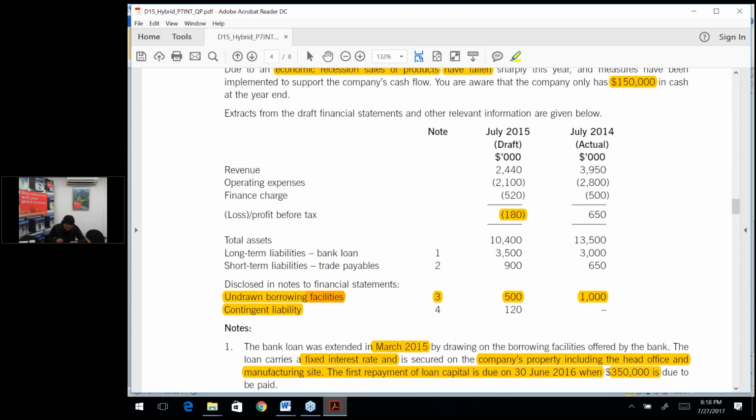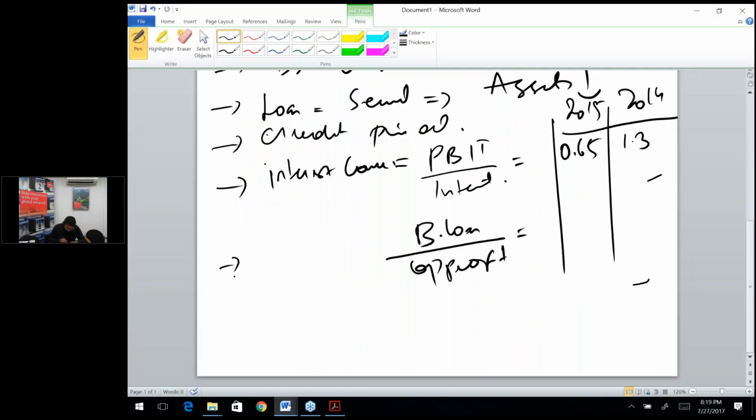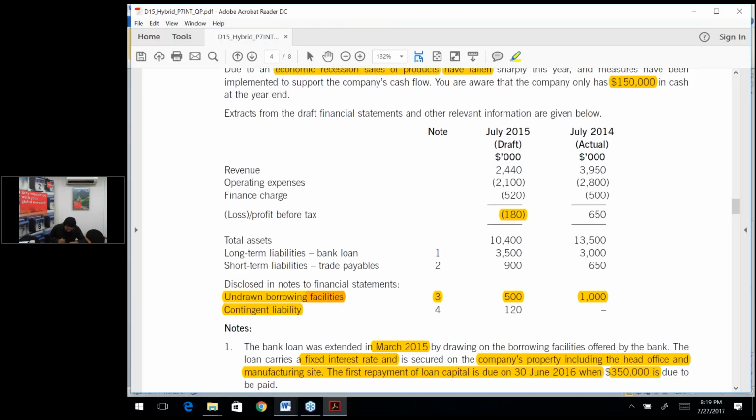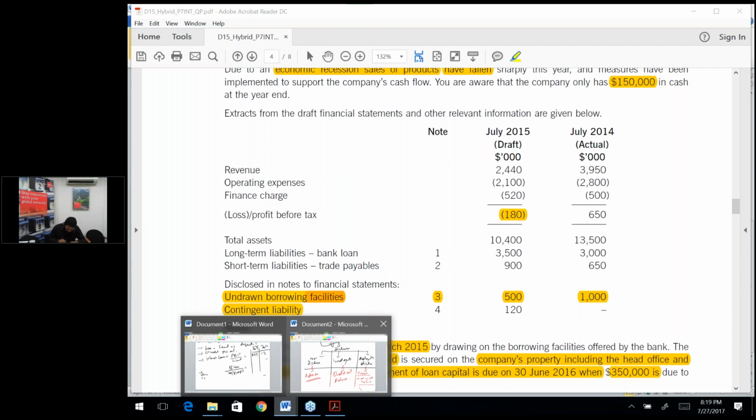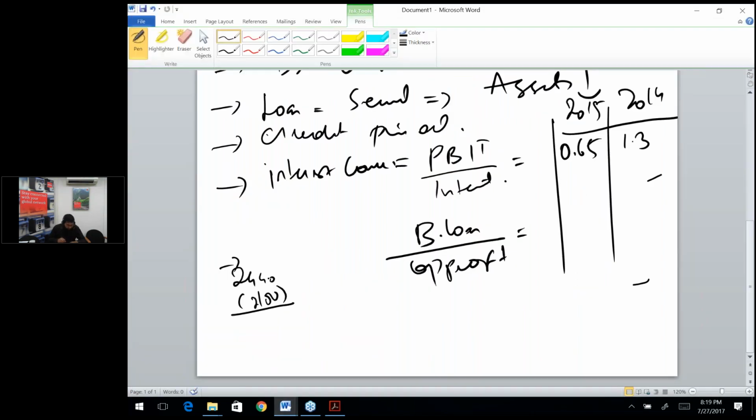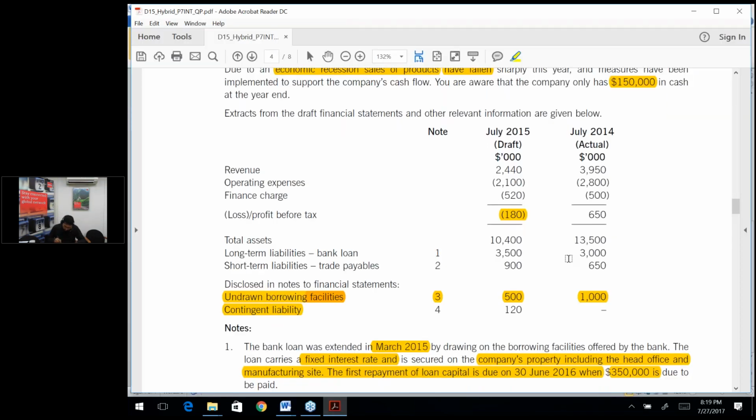How would you calculate the PBIT? It is revenue less operating expenses. So it's 2440 minus 2100, which is going to be 340 as the PBIT in one case, and in the other case it is going to be 3950 minus 2800.